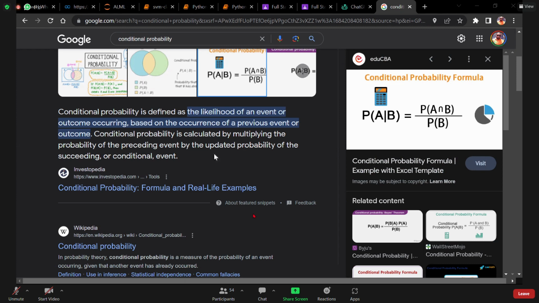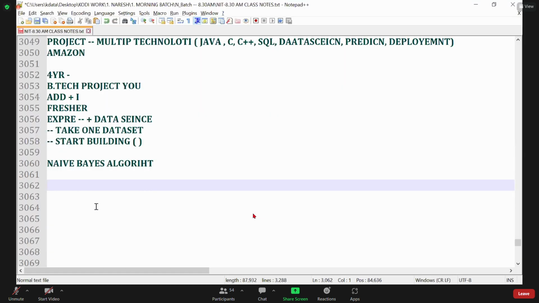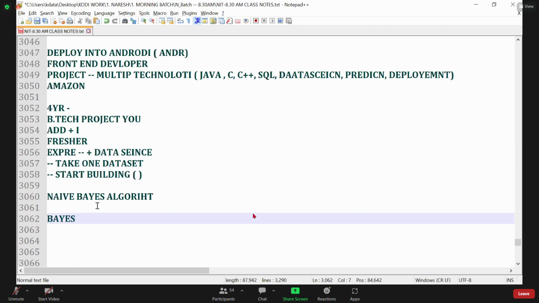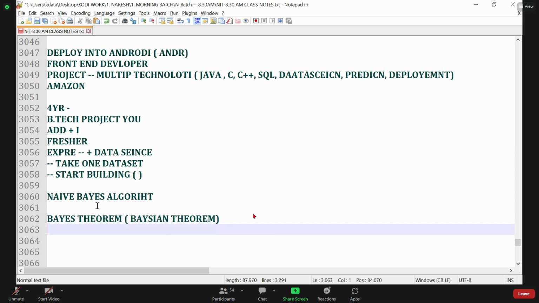Now, next step, conditional probability is clear. Second one is naive Bayes, the Bayesian theorem. What exactly is the Bayesian theorem, and how is it very, very important to find the probability?